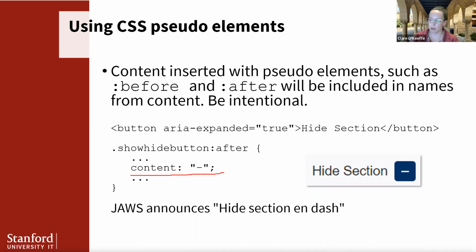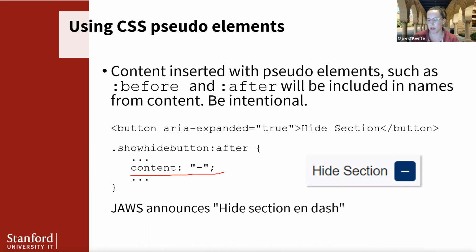Now, the behavior of different screen readers can vary a bit. I tested the same thing with NVDA, another Windows screen reader, and it does not read the dash. But knowing this, just be careful about what you inject with CSS content, because it could very well come through and be included in the accessible name.